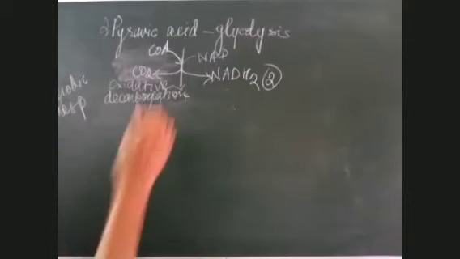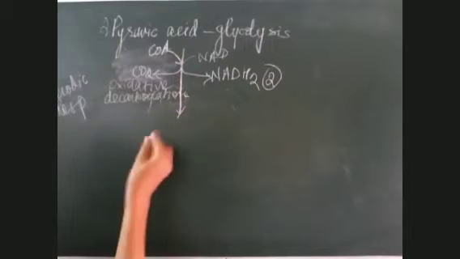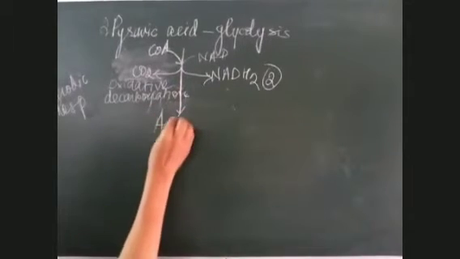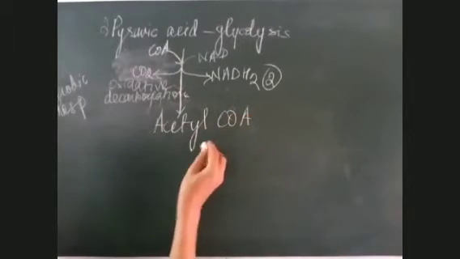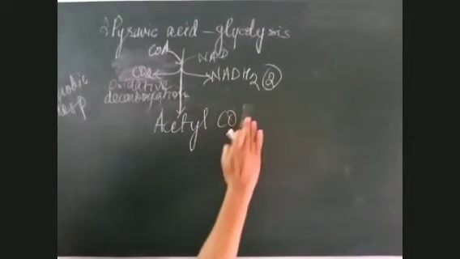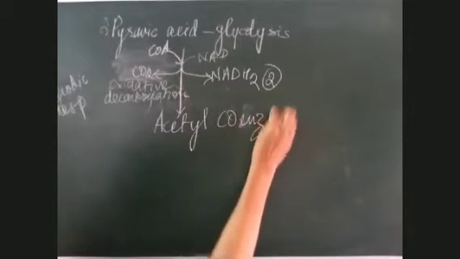Because of the addition of coenzyme A, the pyruvic acid gets converted into acetyl coenzyme A.